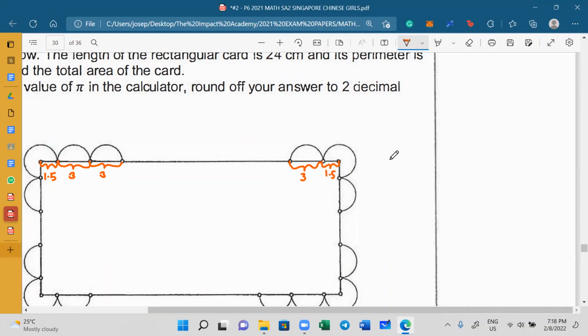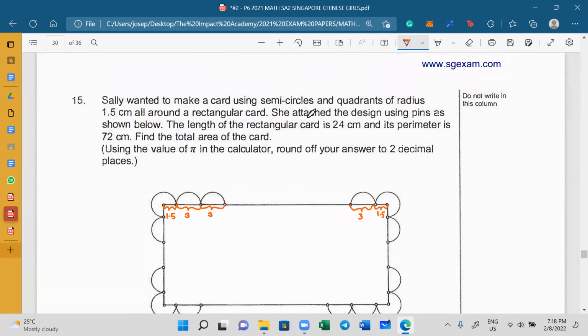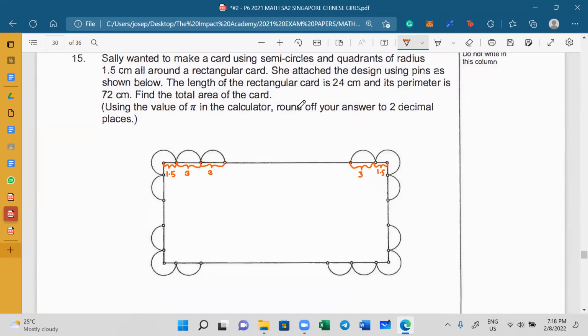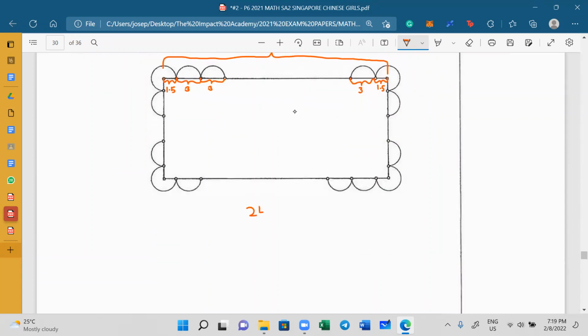Make sense? Now, what I can see over here is that she attached the design using pins as shown below, and the length of the rectangular cut is 24 cm. That means whatever is from here all the way to here is 24 centimeters, so this part is also 24 centimeters.